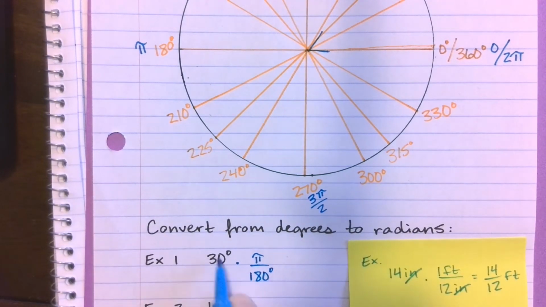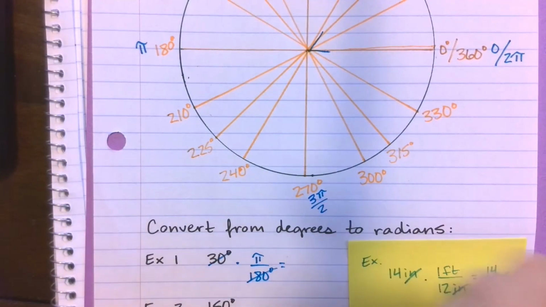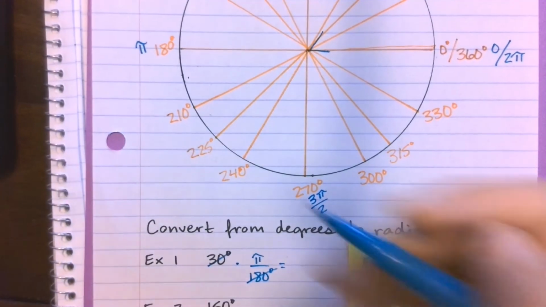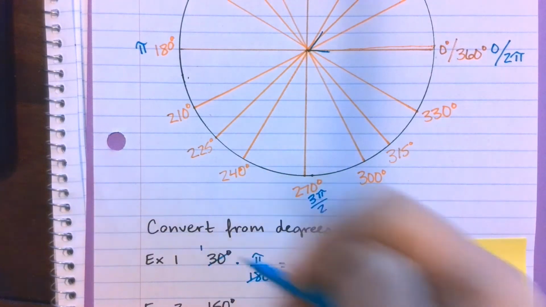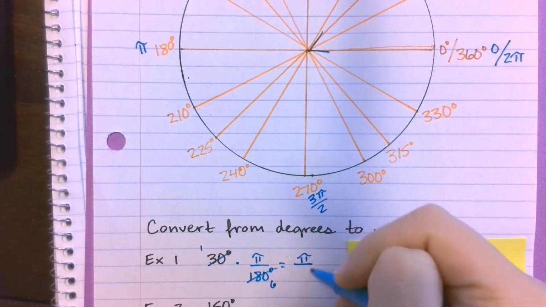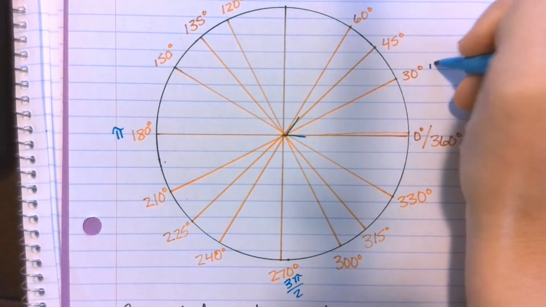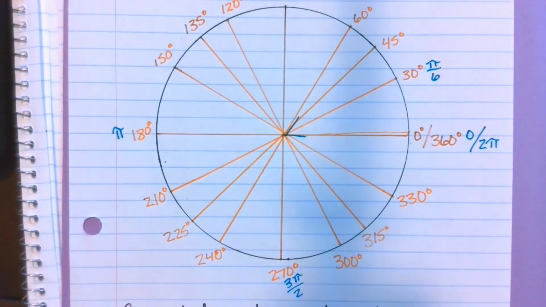I always want to have my degrees across from each other, radians across from each other if they're there. And then I can cross cancel. That makes this a little bit easier. Usually there's something I can divide them both by, and in this case I can divide them both by 30. And then multiply across to get my pi over 6. So that is pi over 6.